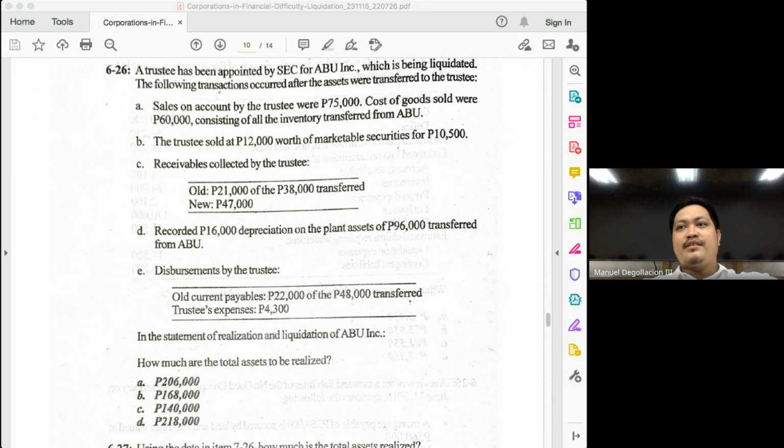So it would make sense that our previous concepts would not be applicable here. I hope you understand. Okay. So our starting assets for receivables would be 38,000. And then for your depreciable asset class, it would be 96,000.